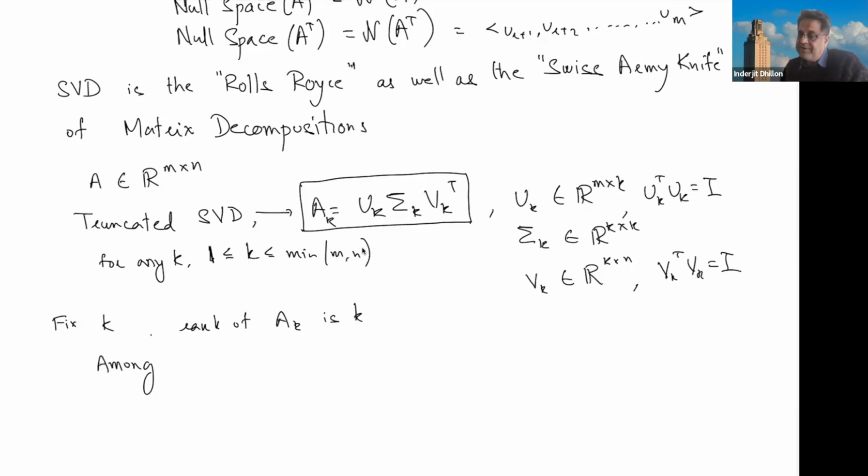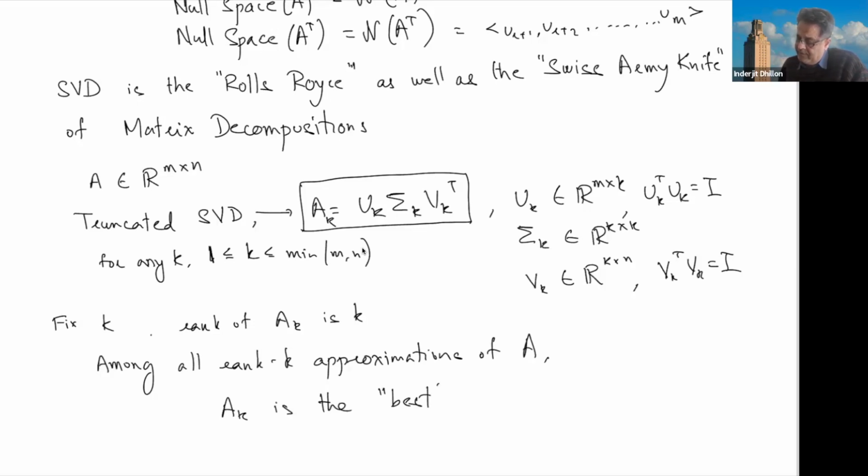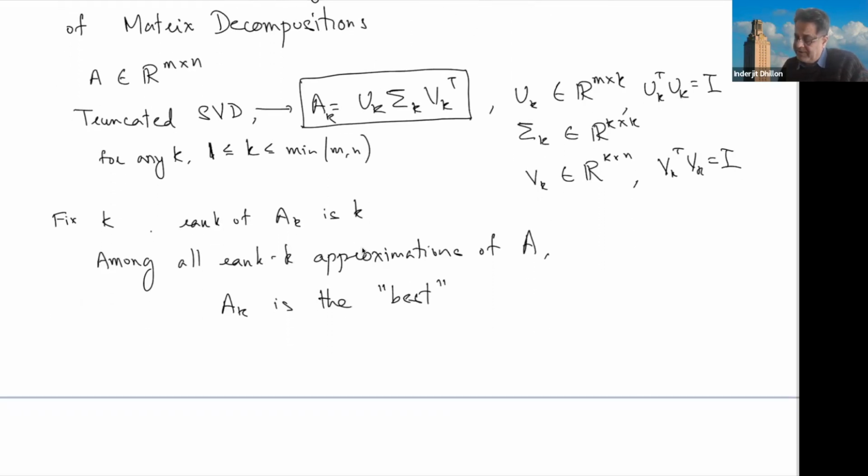And the theorem is that among all rank K approximations of A, AK is the best. And what does it mean to be the best?